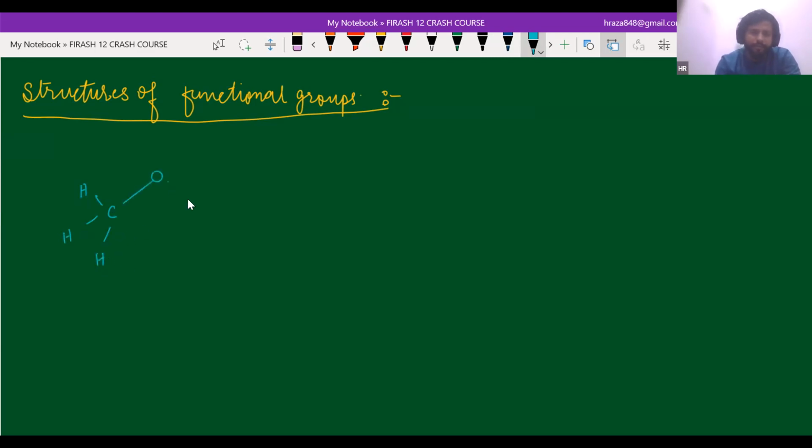You can see this is your functional group OH, and this is your methanol. Then we are going to take phenol. As you can see, this is your phenol. And then we are going to take ether, that is methoxymethane.